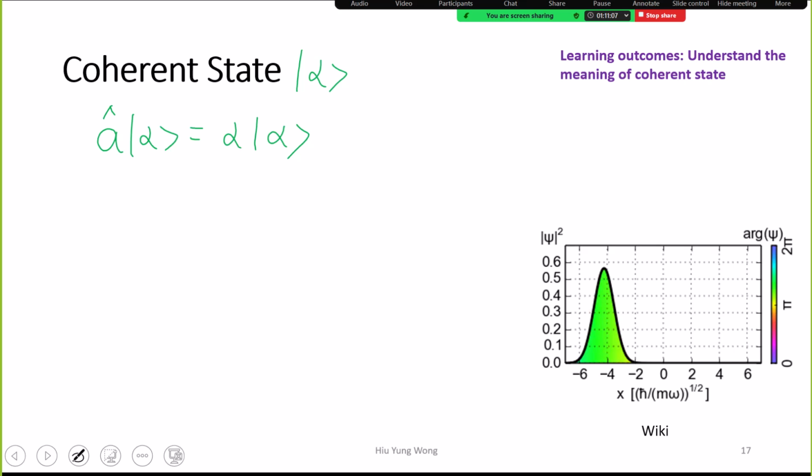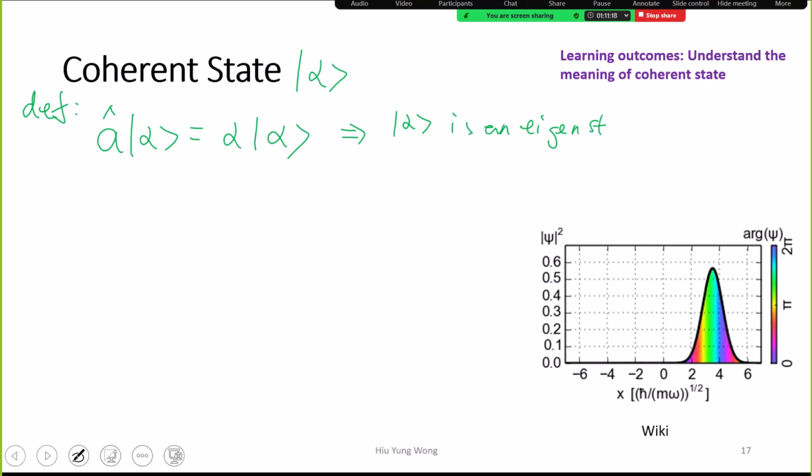Okay? This is the definition, right? And it also says that alpha is an eigenstate of the annihilation operator.